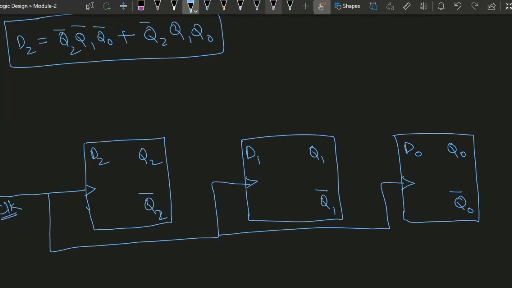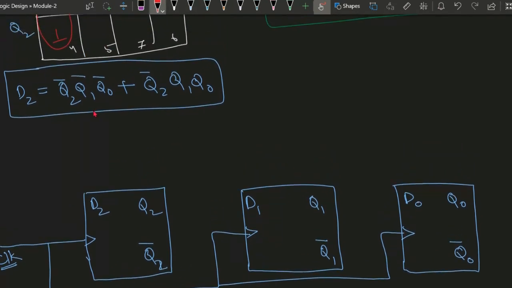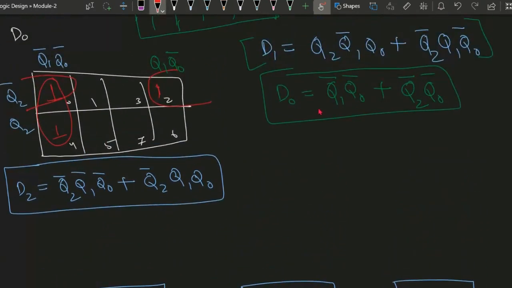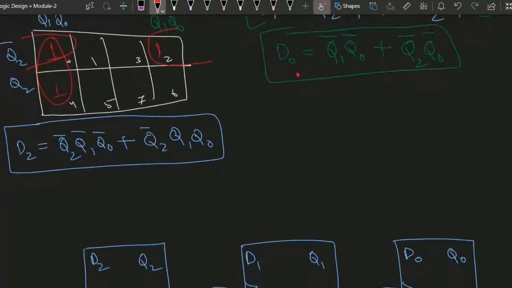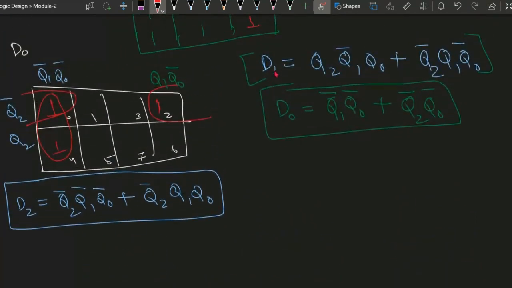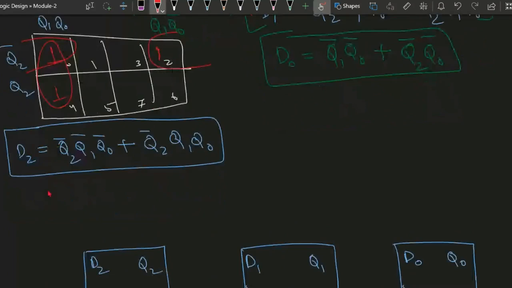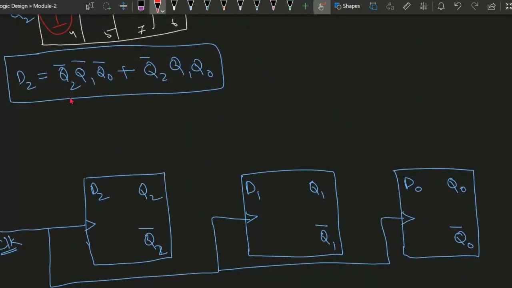Okay. Next comes the inputs that we will be applying. How the inputs will be applied, you can just look at it here. How D0 will look, how D1 is there and how D2 is there. So D2 will have 2 AND gates. This is one AND gate, this is another AND gate, and one OR gate.